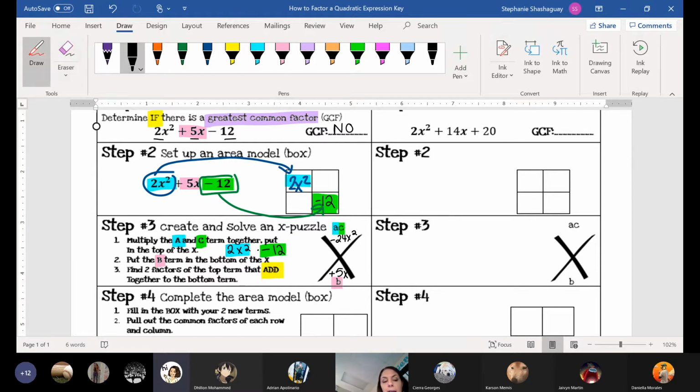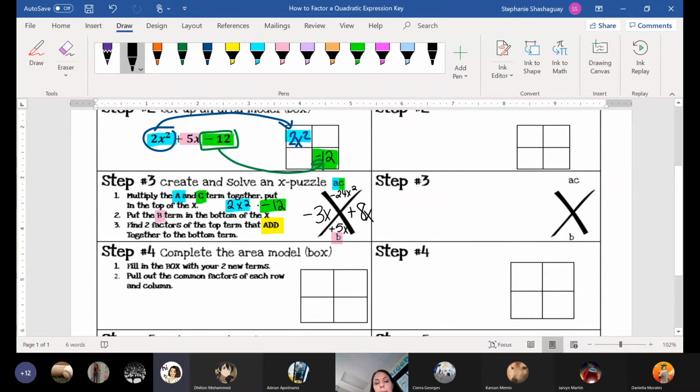So in my X, on the sides of my X, I'm going to fill in negative 3x and a positive 8x, because those two factors multiply to give me my A and C term, and they add together to give me my B term.